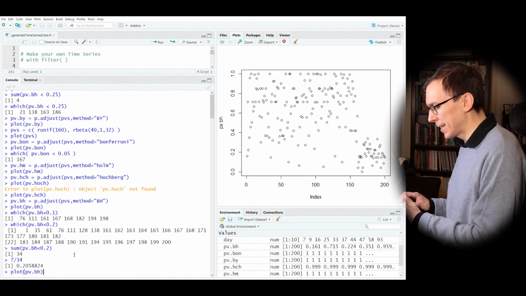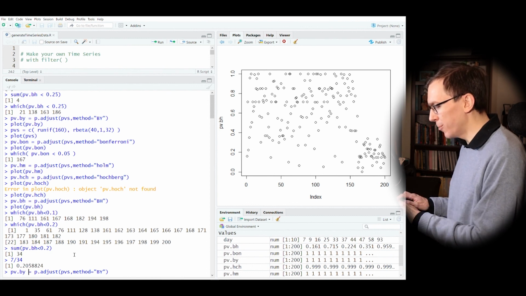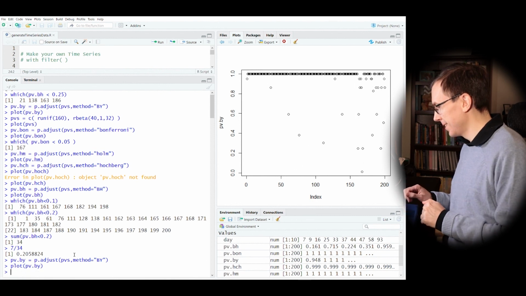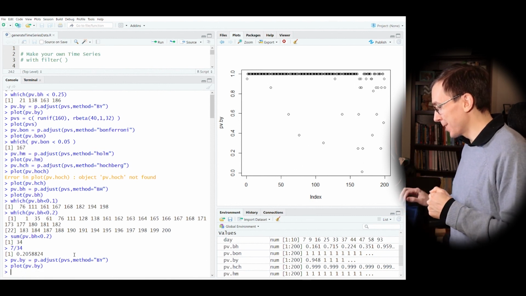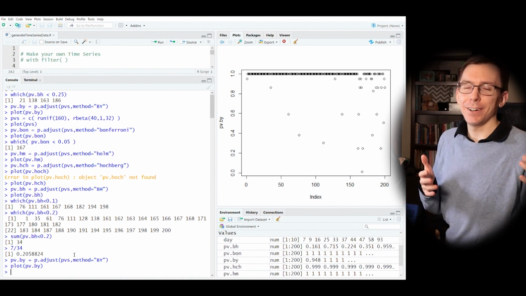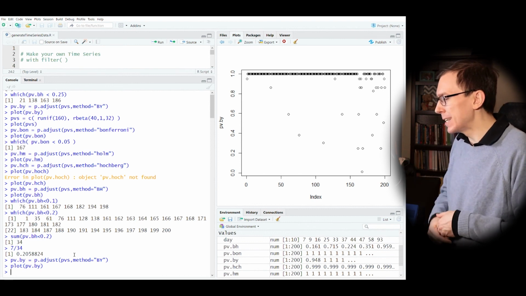Before we're done, we might as well try the BY method just to see how it compares. Last time it set everything to be 1. Let's see if it can do better this time. Okay, it's still super conservative, but it didn't set everything to be 1. Again, all of these p-values are independent because I generated them to be independent.